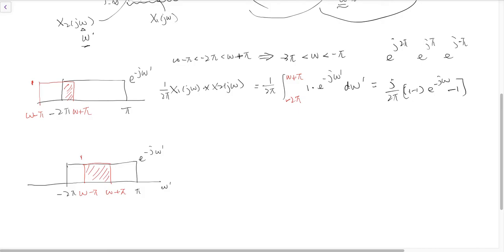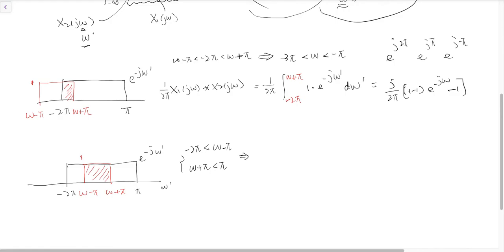If we do the same thing, first we find the interval: negative 2 pi is smaller than omega minus pi, and omega plus pi is smaller than pi.